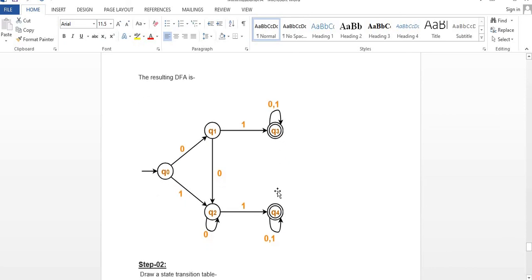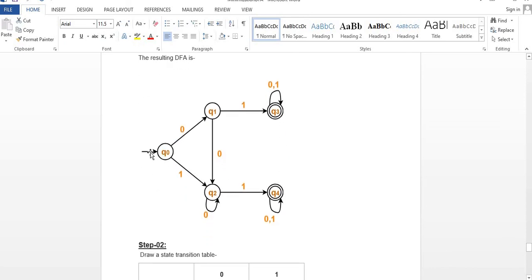Now your resulting DFA is Q0 on 0 to Q1, Q1 on 1 to Q3, Q3 on 0, 1 to Q3, Q1 on 0 to Q2, Q0 on 1 to Q2, Q2 on 0 to Q2, Q2 on 1 to Q4 and Q4 on 0, 1 to Q4.